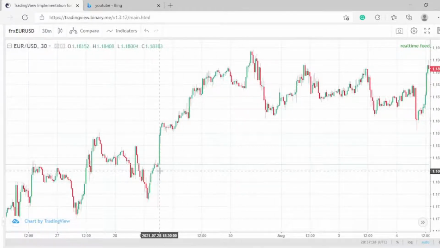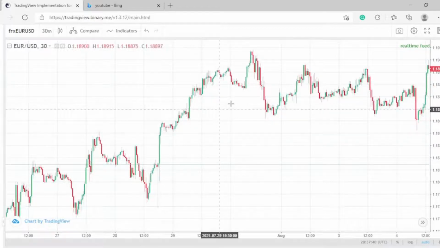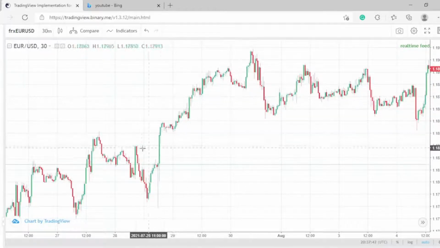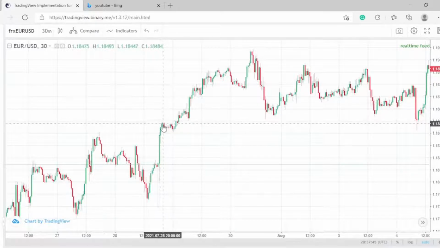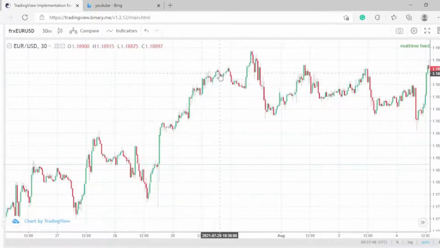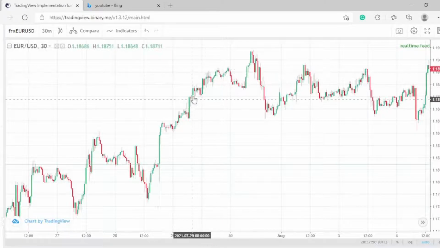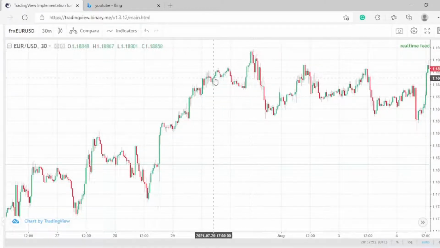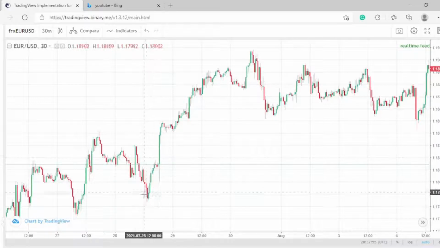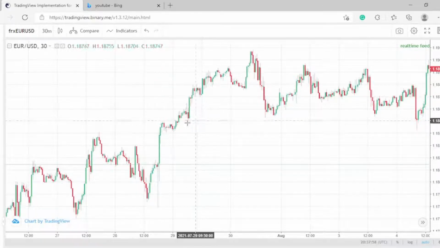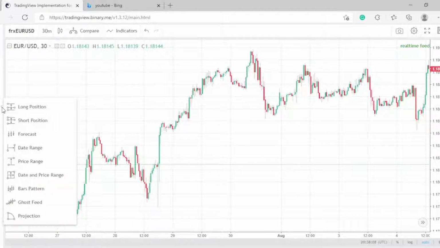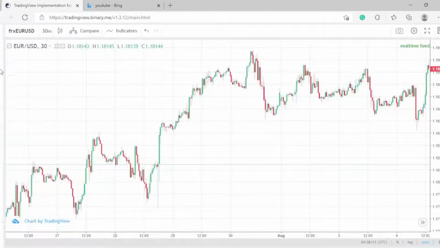So you can see that there's a series of higher lows going up, and similarly on the opposite side you have a high here, and then you have a high at this point here and a high here. So the market is made of higher lows and higher highs. So that is what we call a trending market. So that is an uptrend. That is the first state of the market.